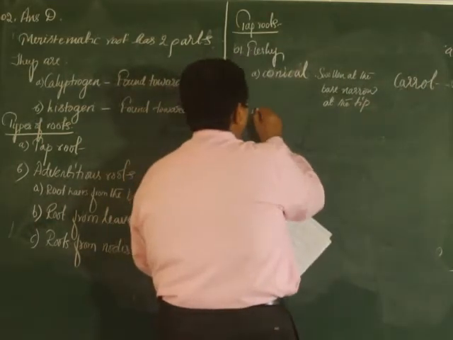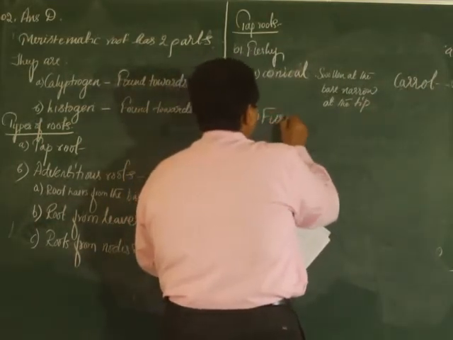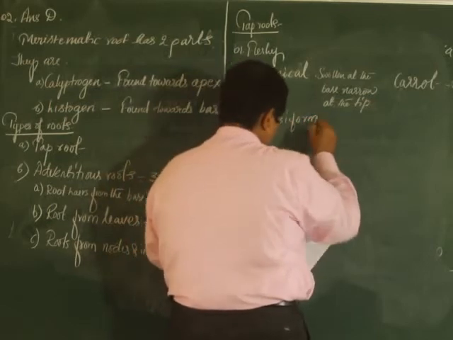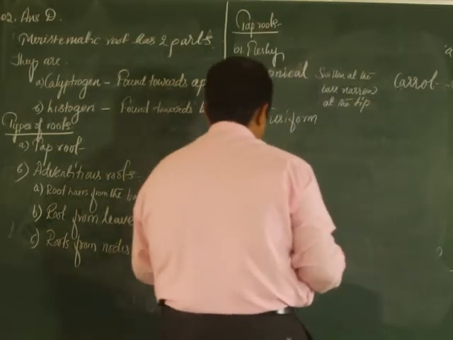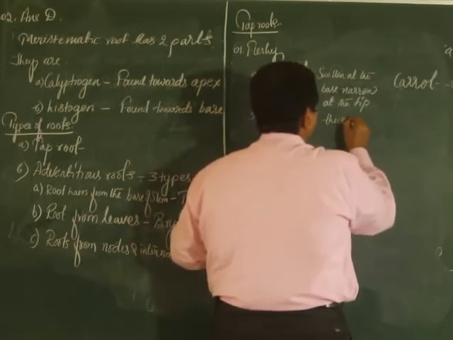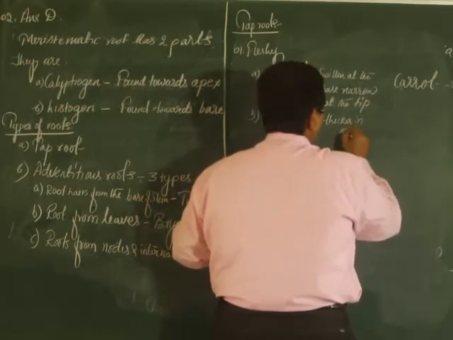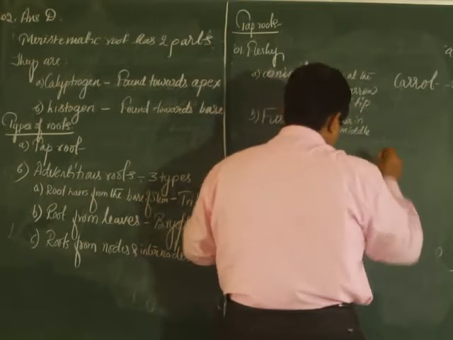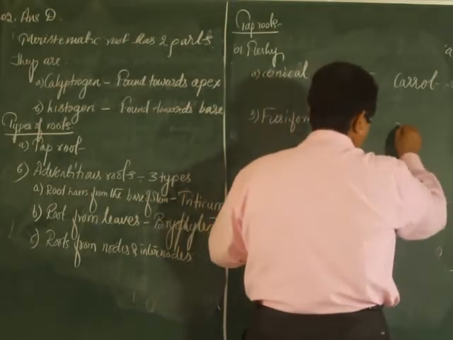Fusiform root. Thicker in the middle. It is seen in radish.